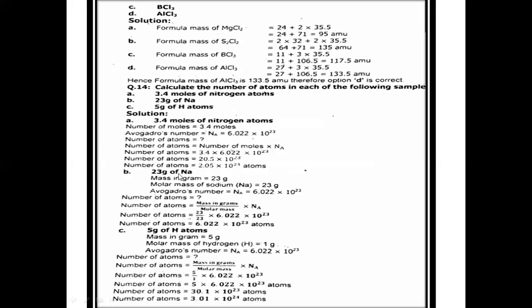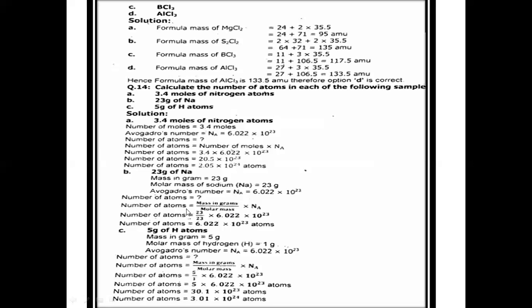Part D is a little bit different because moles are not given, mass is given. So you have to use two formulas. First formula for the number of moles, which is mass in grams over molar mass, and then you multiply that answer by Avogadro's number.